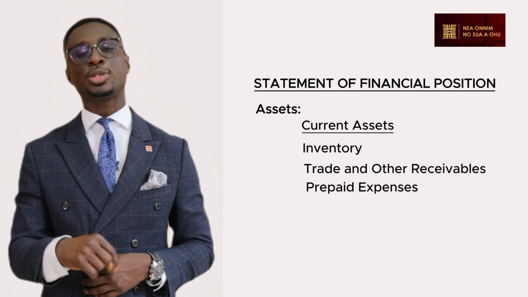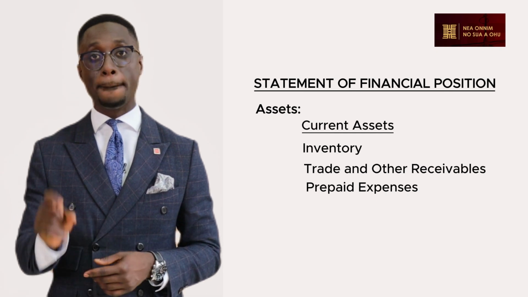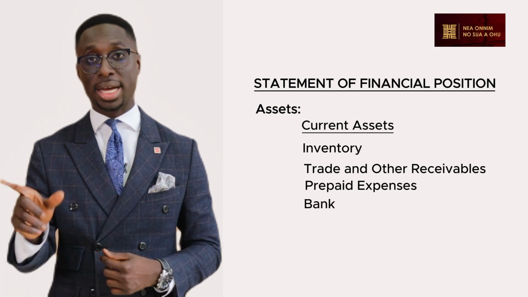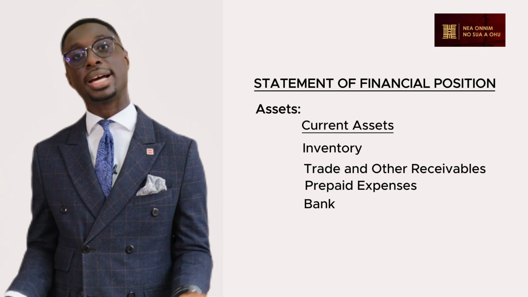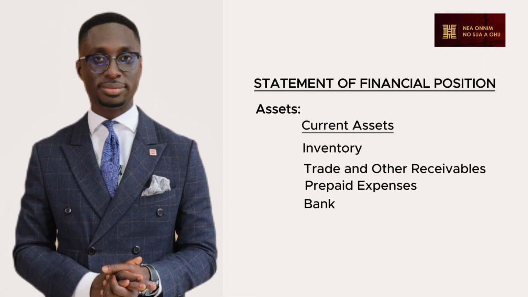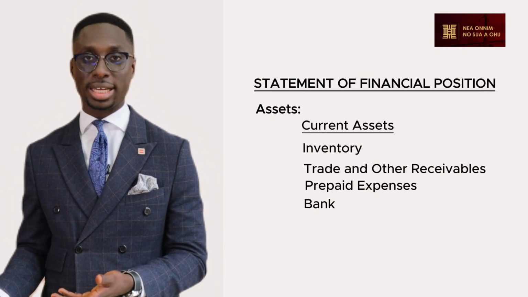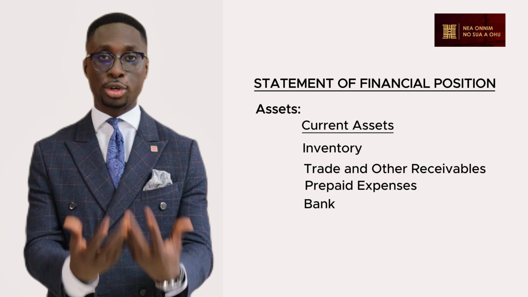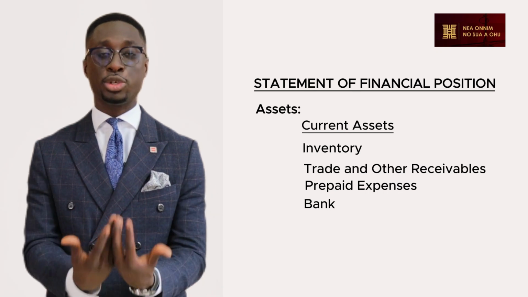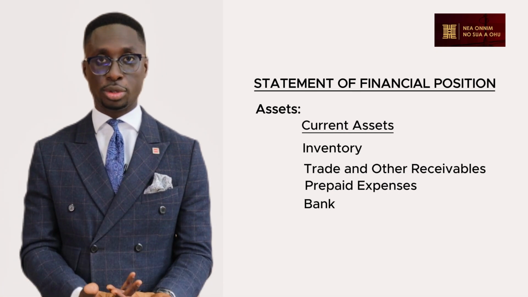Great. Now let's look at some of the very obvious current assets. Bank balances. Your bank balances are your balances in your bank account. This is an asset to you because these are economic resources that you control that you intend to use to inure future economic benefits to your business.